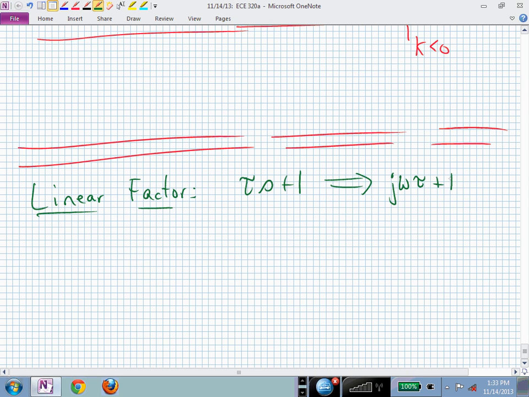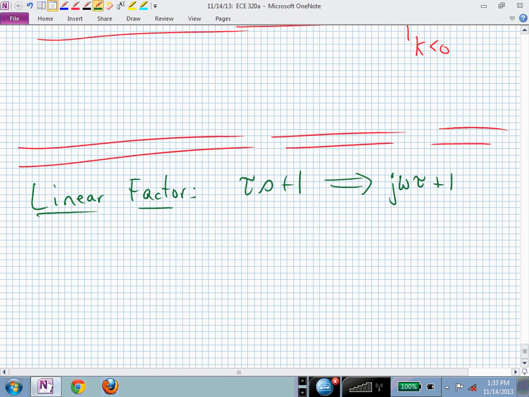And now we're looking at j omega tau plus 1. And now we get to do our fairy tales. Now we're in Goldilocks territory. Meaning, we look at small, big, and just right frequencies when analyzing these factors.